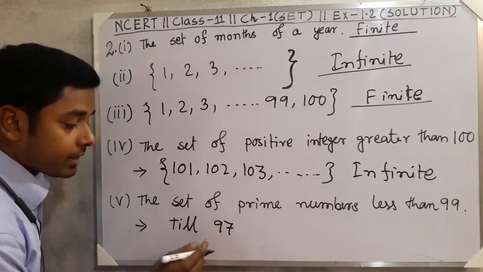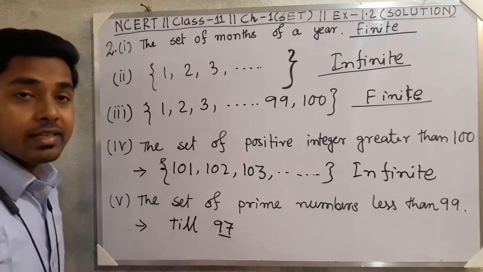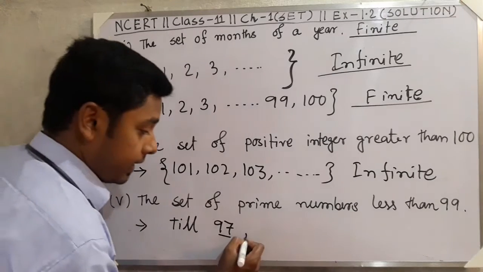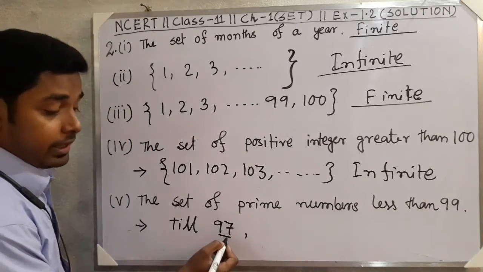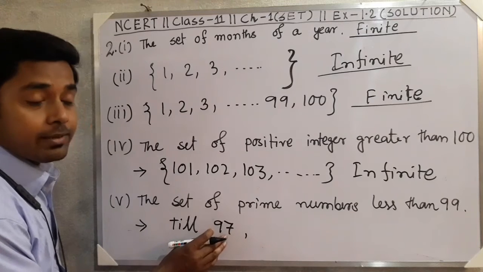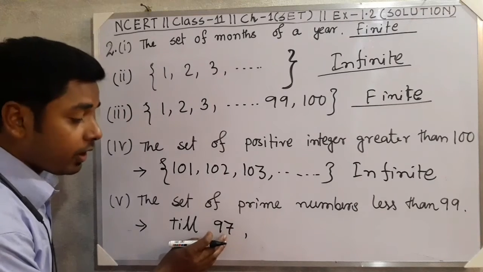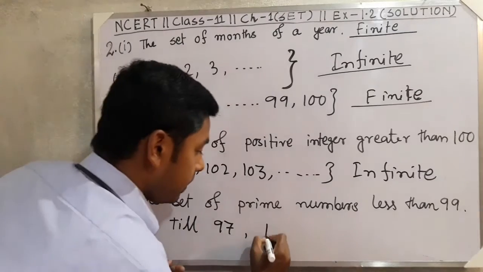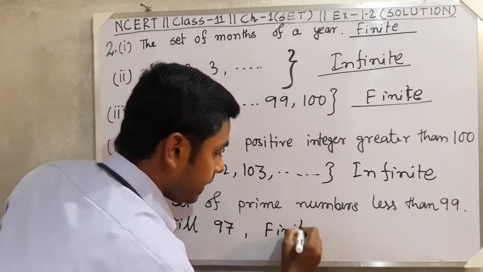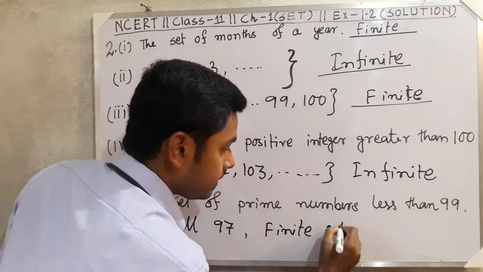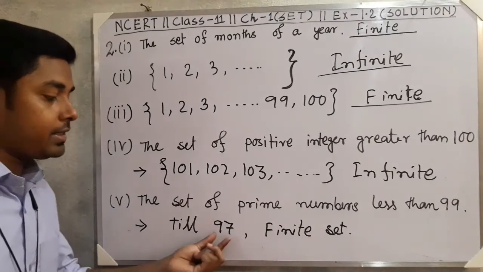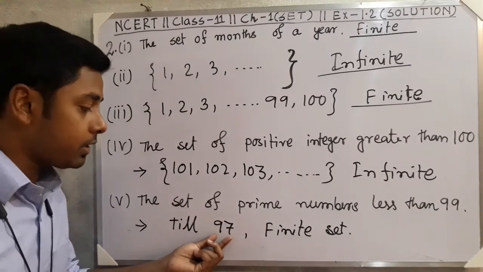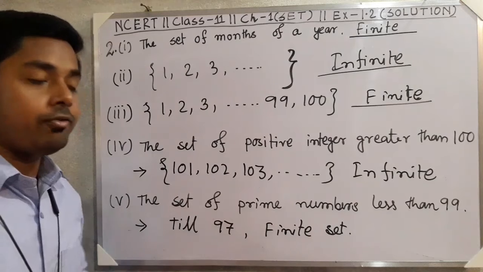So we have to make the series till 97, and it has its ending point at 97. So it is a finite set. Is that clear? The series ends at 97, which means there is an ending point, so this is a finite set.